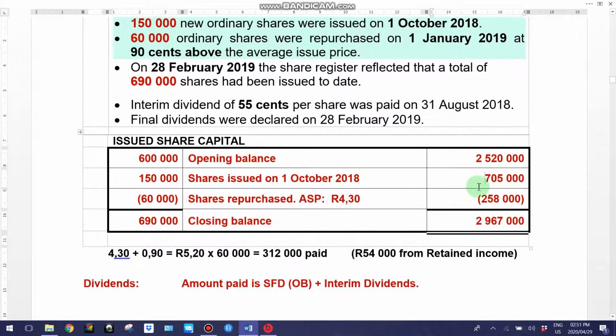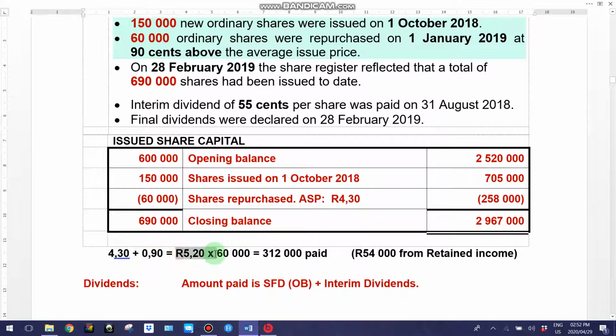When it comes to the money spent to buy back shares, I know share capital has contributed this amount here, but I need to know how much came out of retained income. When I read this, it tells me that I spent 90 cents above the average share price. So my average share price was R4.30 and I spent 90 cents more than that.